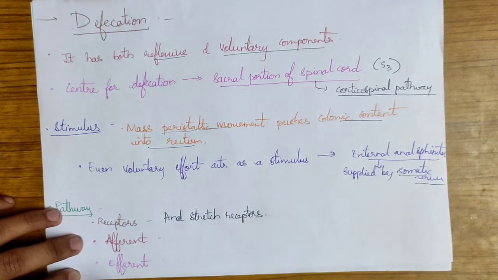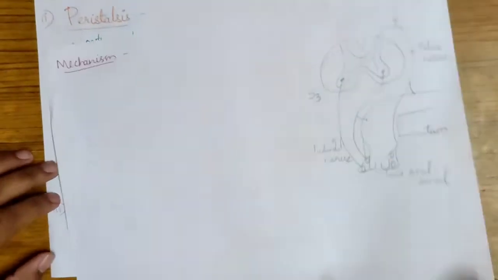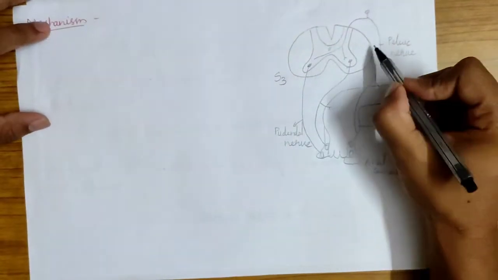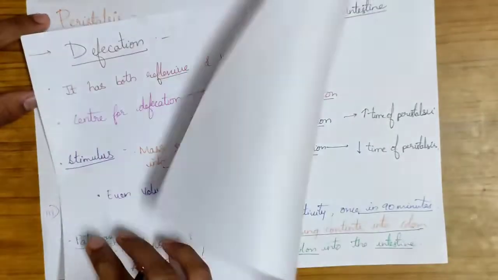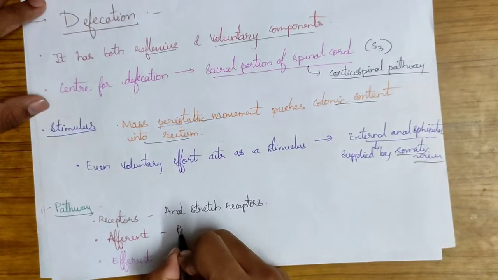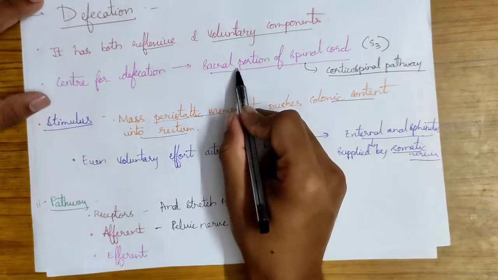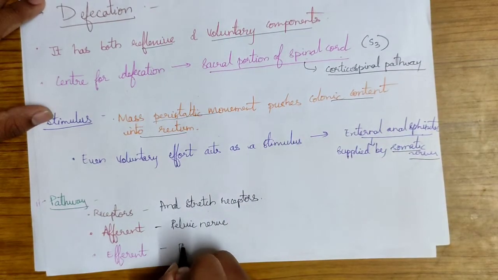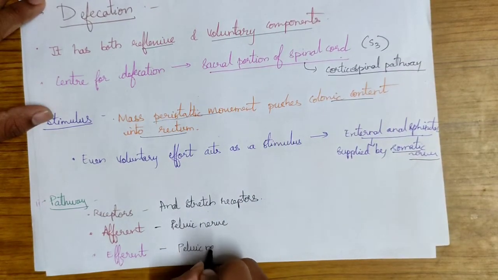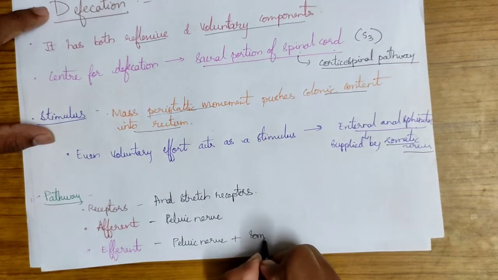What are the afferents? You can see in this diagram. So afferent is the pelvic nerve which carries the information to the center, that is the sacral portion of the spinal cord. The efferent is the pelvic nerve which supplies the internal anal sphincter plus the somatic nerves.